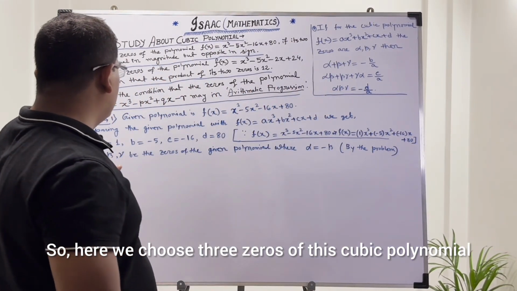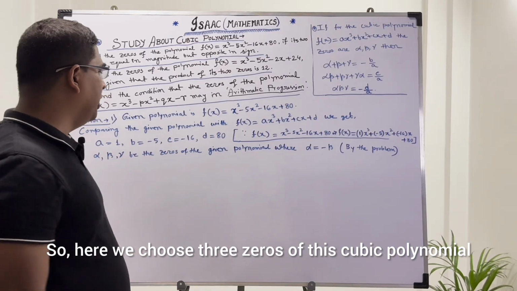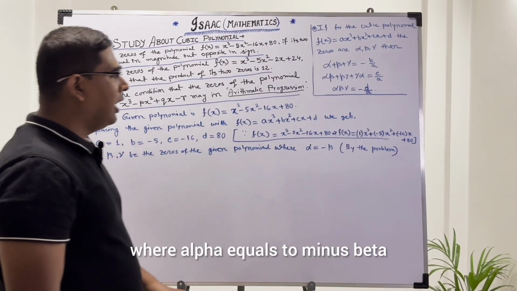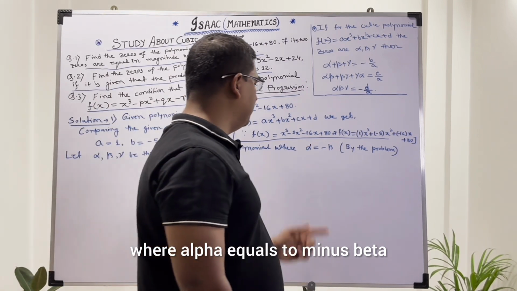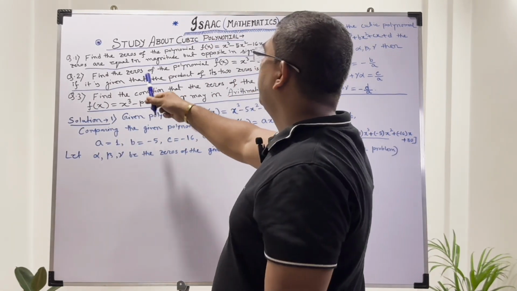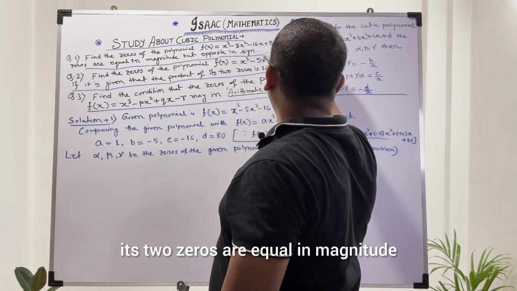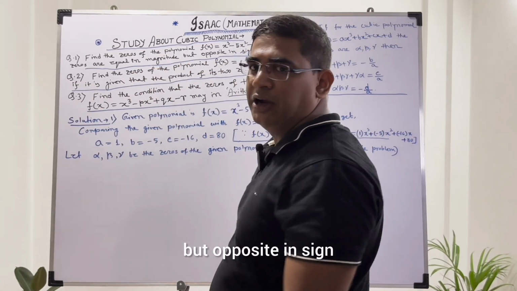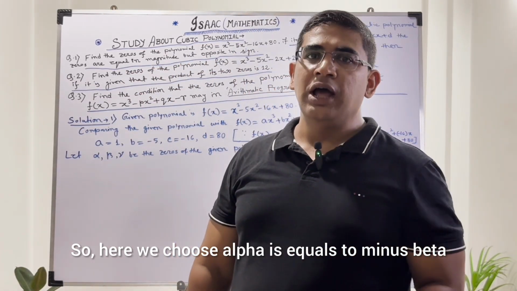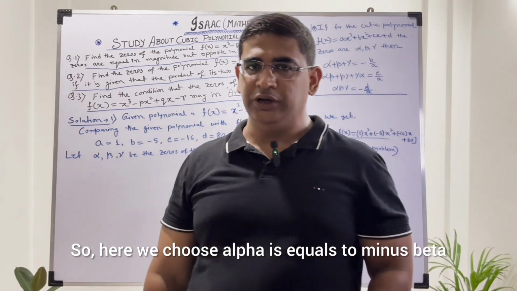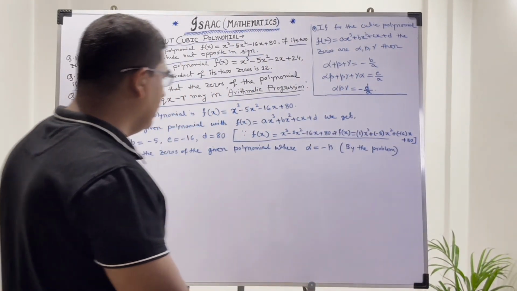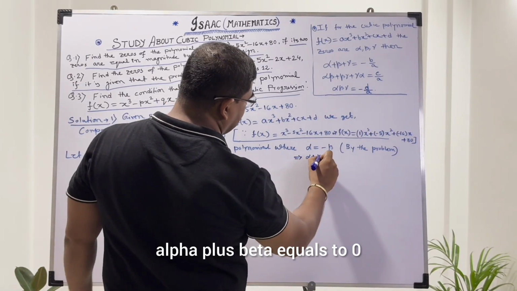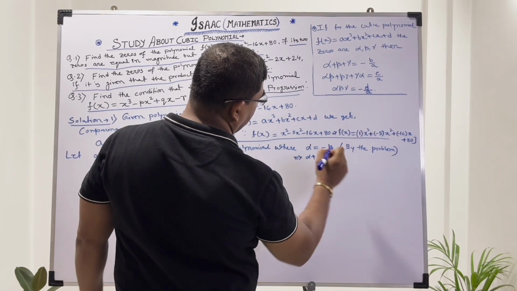So here we choose three zeros of this cubic polynomial as alpha, beta, gamma, where alpha equals minus beta, because it is given that its two zeros are equal in magnitude but opposite in sign. So this implies alpha plus beta equals 0.